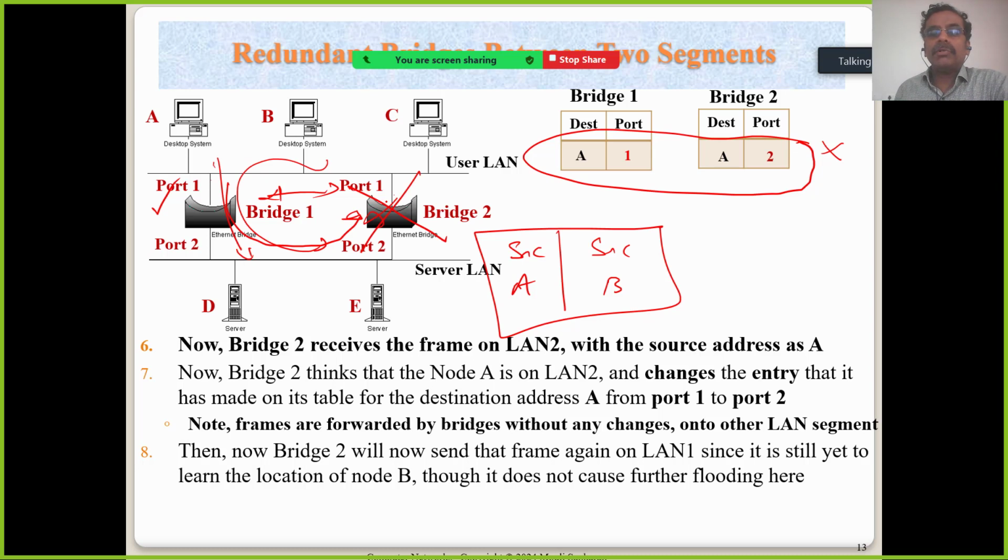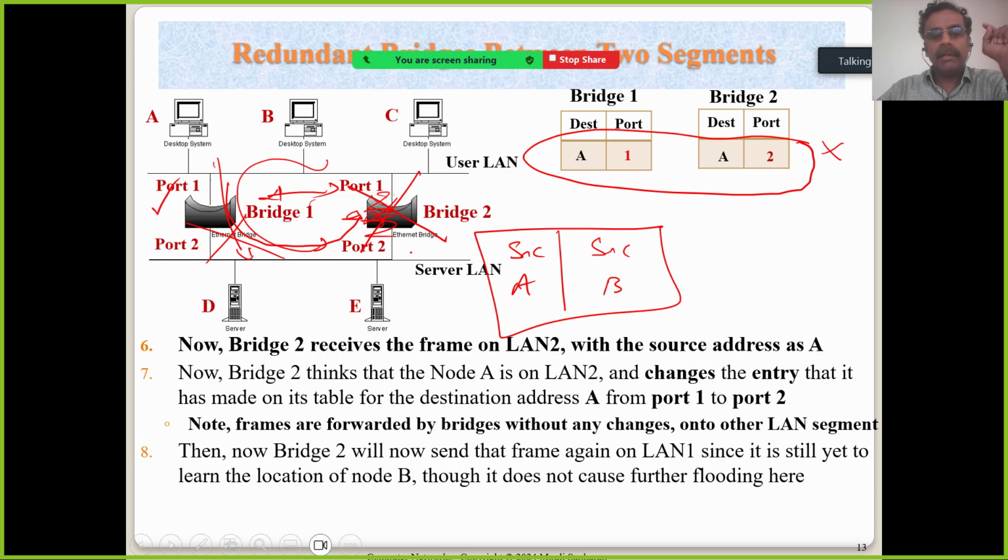Any other question? Who is that? Sir, Karthik here. Sir, in this instance, this will only result in misconfiguration, right? Like bridge 1 will think A is on port 1 and bridge 2 will think that A is on port 2. No, the misconfiguration leads to repeated frame and packet forwarding. It's not addressable, you cannot live with it. Imagine you stand at a crossroads, and one guy says, you go to RVU on this side.